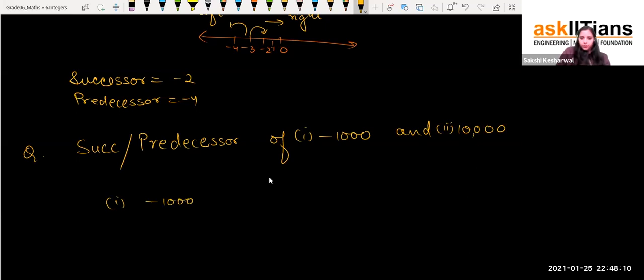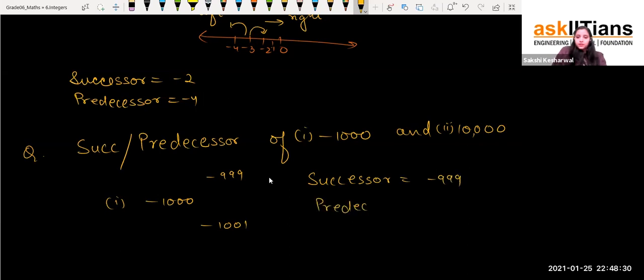It will be minus 999 and minus 1001. Now we have already seen that minus 999 is greater than minus 1000. So its successor will be minus 999, and its predecessor will be minus 1001. But this is just opposite for the positive number.